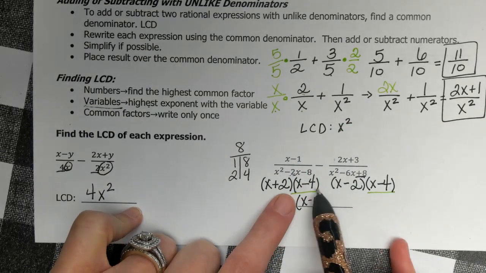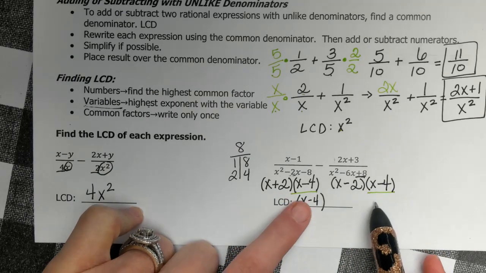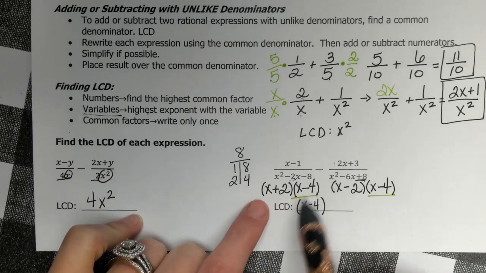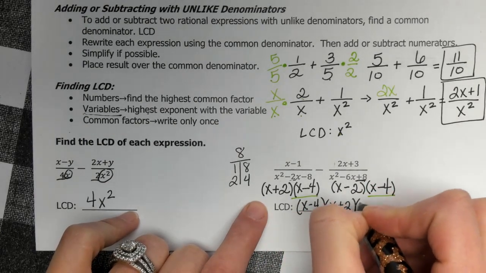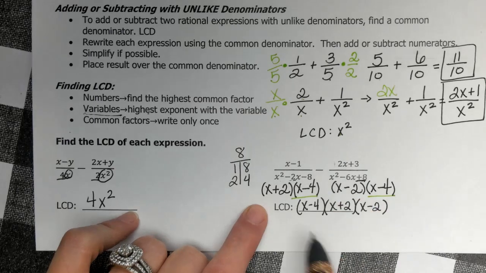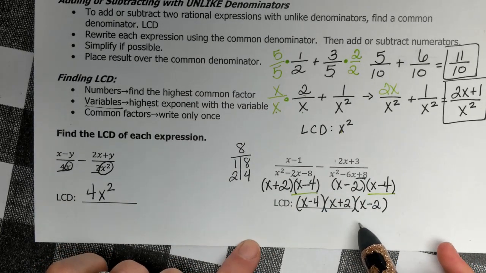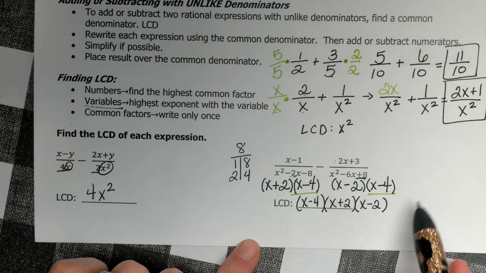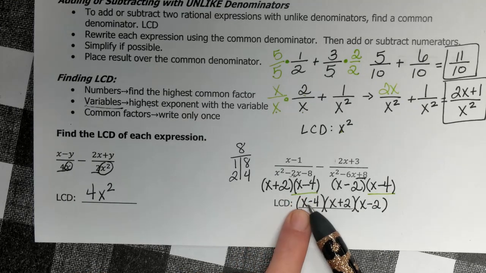Now, if it would have been x minus 4 twice, then you would have to consider it twice. But it's only showing once. And then I've got this x plus 2, and then I have the x minus 2. I need all of that to appear for an LCD. So whatever shows up in both, I'm going to write it here.